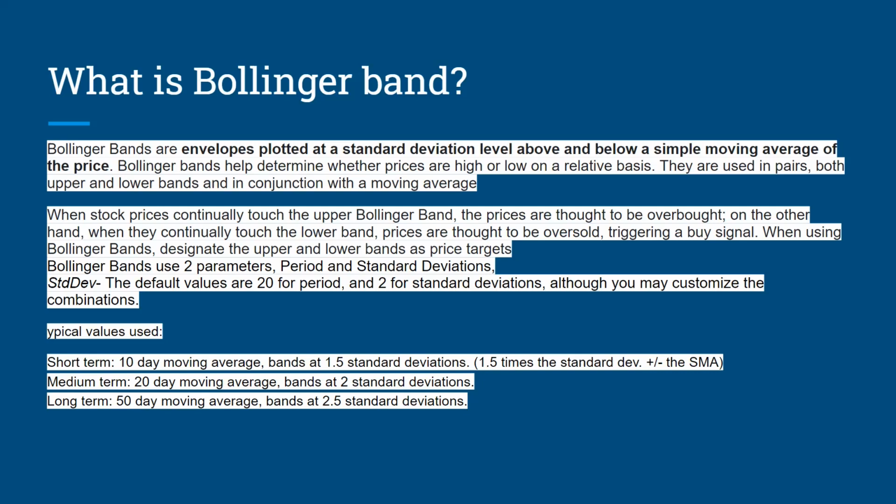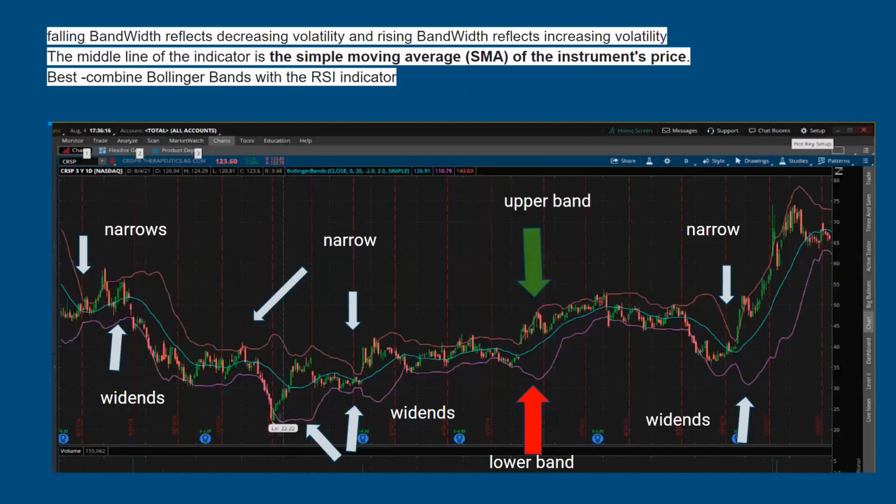And if you want to look at the longer term, then take a 50-day moving average and 2.5 standard deviations. All right, so these are simple settings that you can do on the platform.